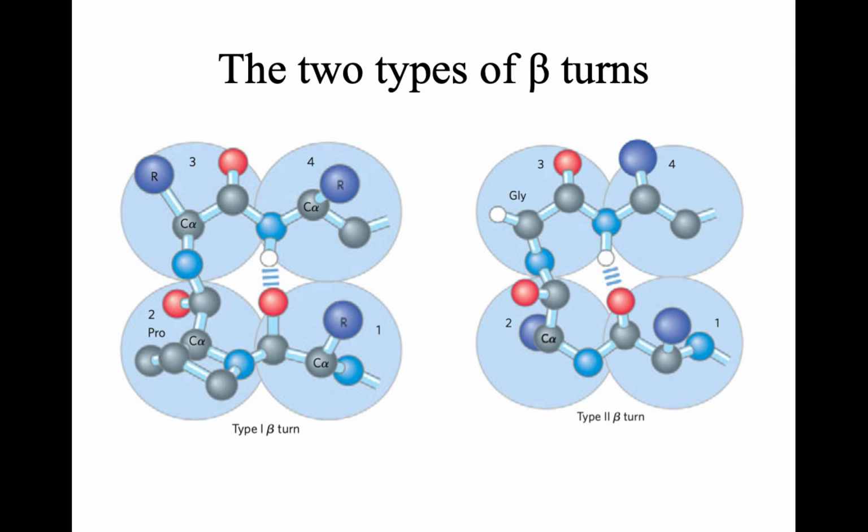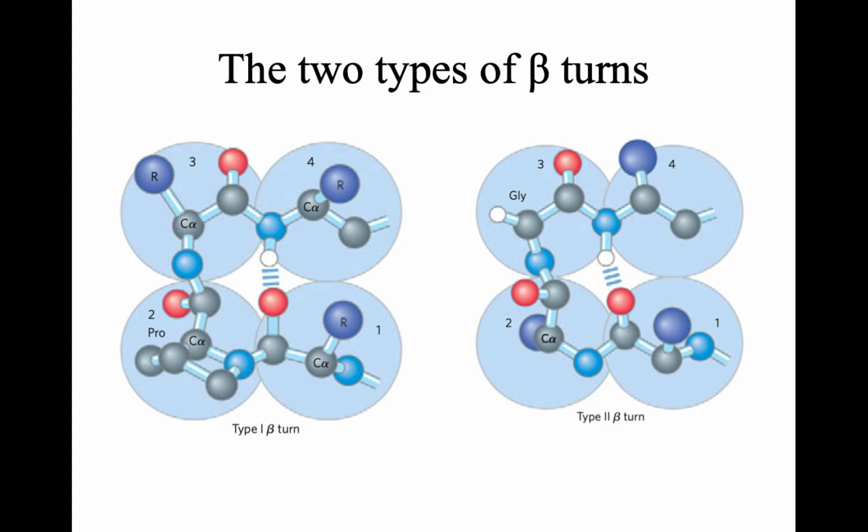As you can see here, the numbers 1, 2, 3, and 4 indicate the 4 amino acid residues present in the beta turns. So this classification into type 1 and type 2 is based on the different dihedral angles seen in the second and the third amino acid residues.